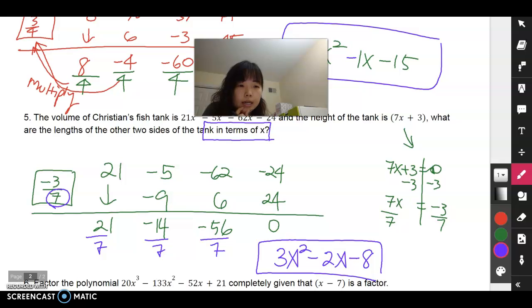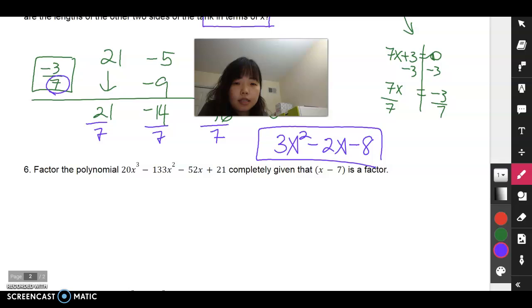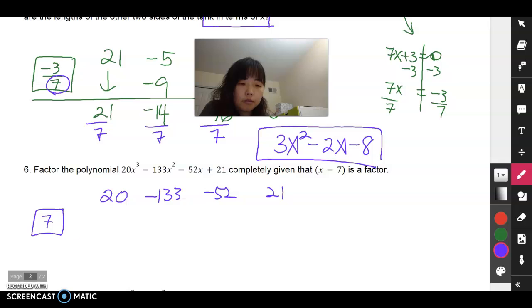Cool? Alright, just a couple more. 6. Same thing. We're doing 20, negative 133, negative 52, 21. What goes in the box? 7 goes in the box. Bring it down.